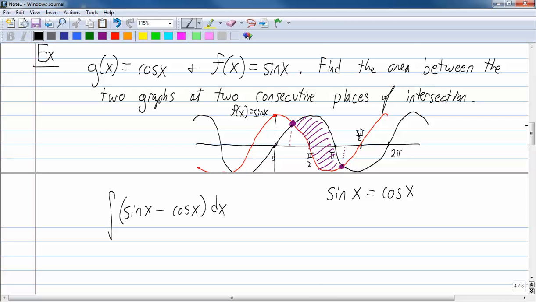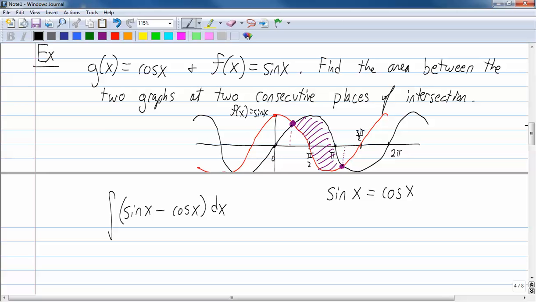But if you ever want to solve a trig equation where you have two trig functions, nothing else, not squared, not any powers, not any constants, the first thing you do is you get one on one side, you get one on the other. Well, that's already happened here. Then you either divide both sides by sine or you divide both sides by cosine.